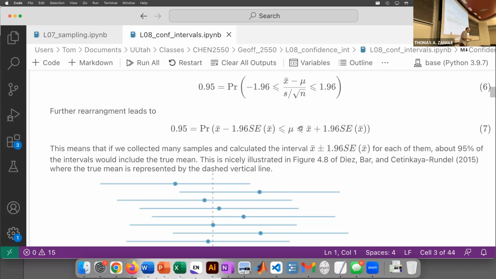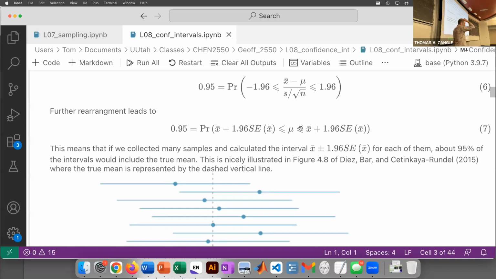So 1.96. When we have n greater than about 30, then we know that the distribution of mean values for a process that itself is normally distributed, which describes a lot of processes, will be normally distributed, right? Because the t distribution becomes a normal distribution when n is greater than 30.